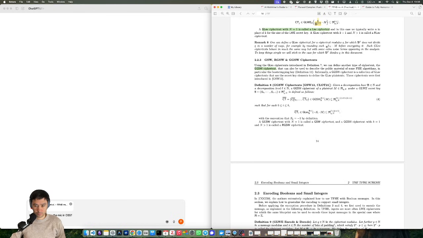Because it's a tuple again, right? It's just a tuple. So a GGSW ciphertext is a tuple of GLWE ciphertexts. But we're encrypting these. And these GLWE ciphertexts are tuples, as we've seen. It's just -1. That's weird.